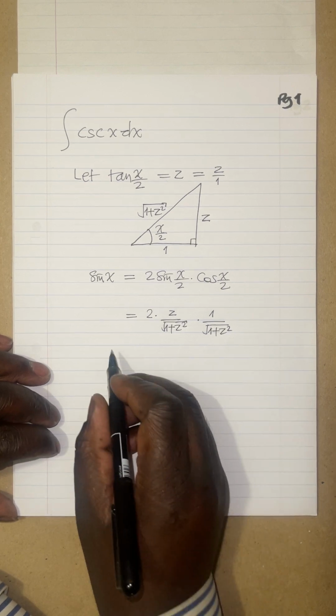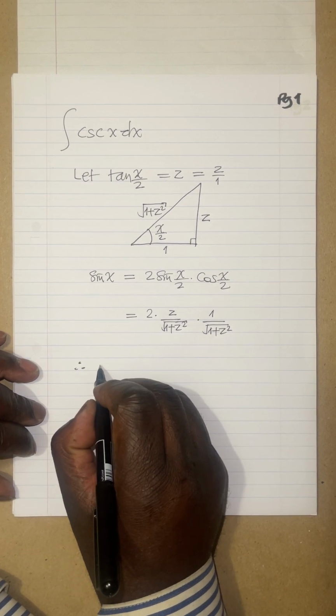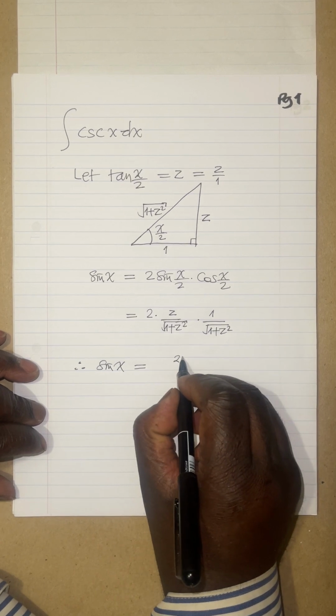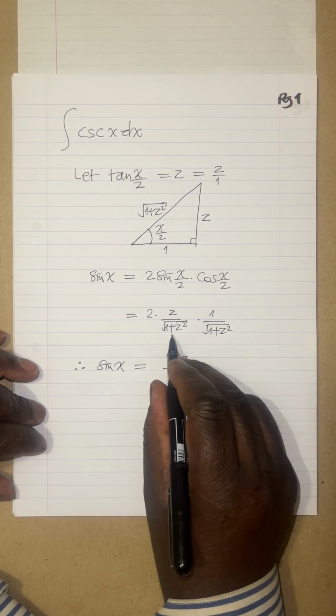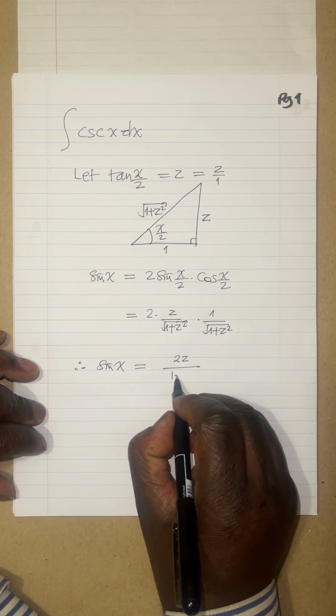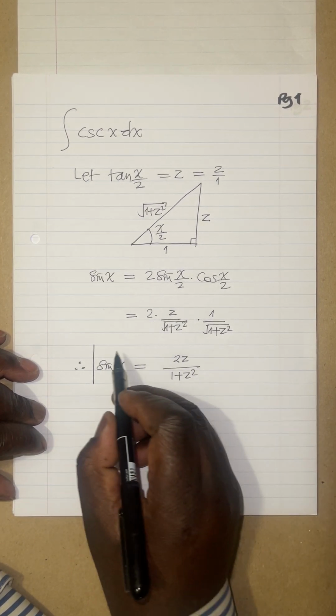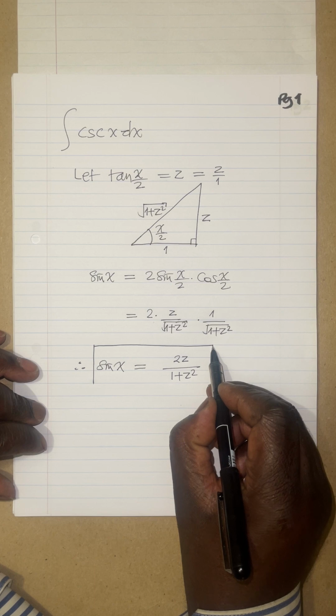Simplifying this, sine of x is equal to 2z all over 1 plus z squared. So this is result number 1, very critical when it comes to z substitution.